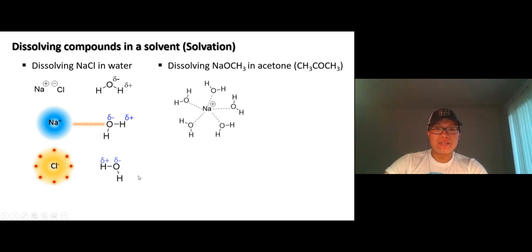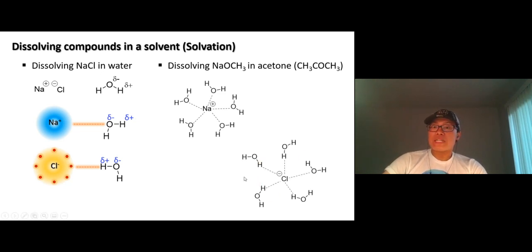Water is going to butt in. Water knows that hydrogen is partial positive, so negative and positive attract. Take a look here, chlorine in the middle. Instead of using the oxygen, which has the same charge and would repel, we use the hydrogen, which is partially positive, and form an interaction with chlorine. That's the attraction right there.